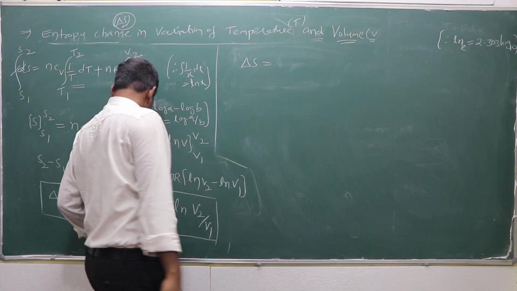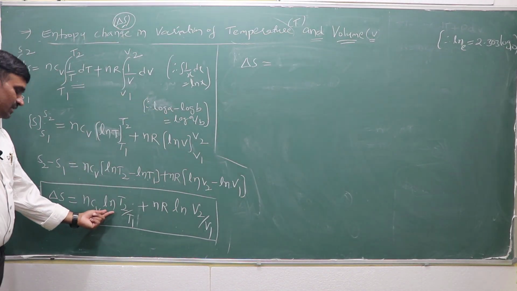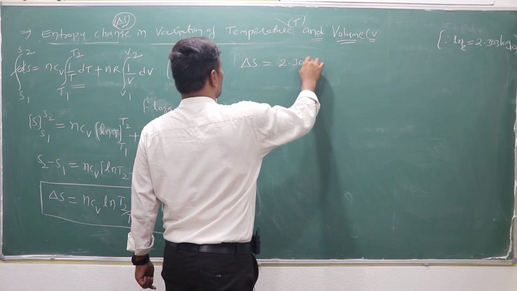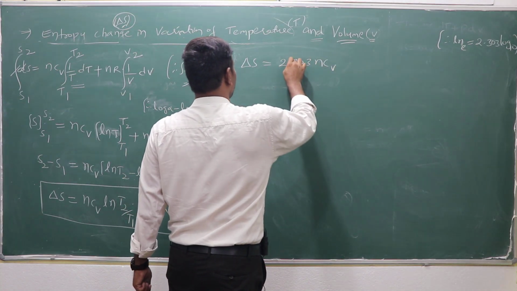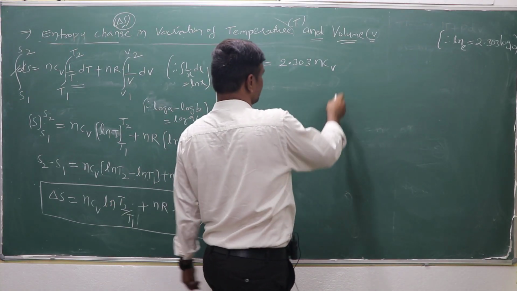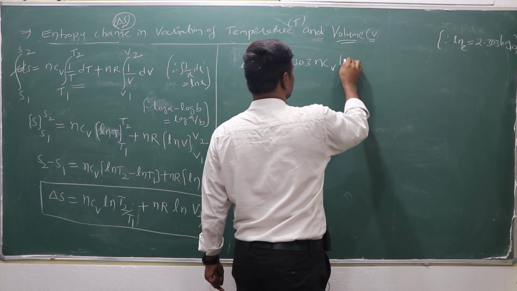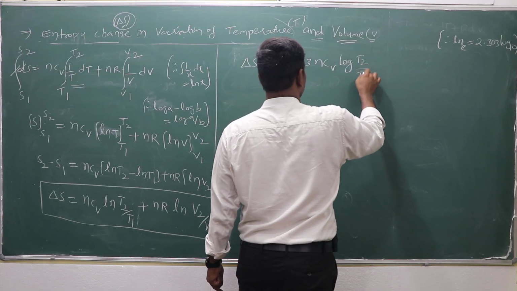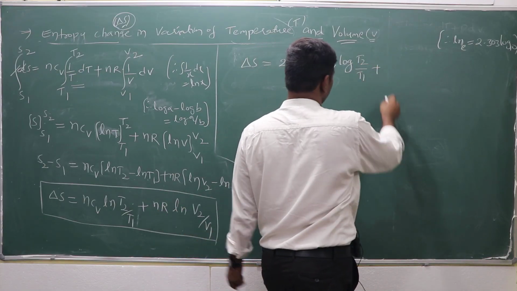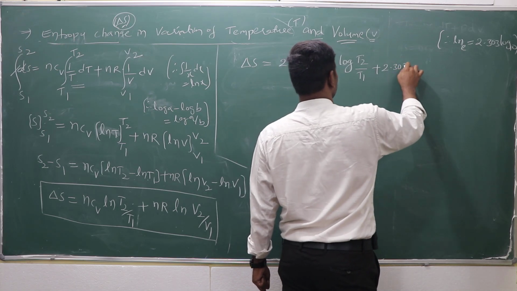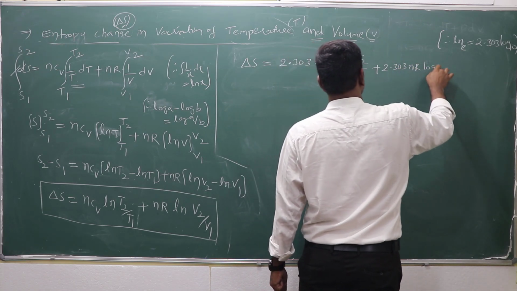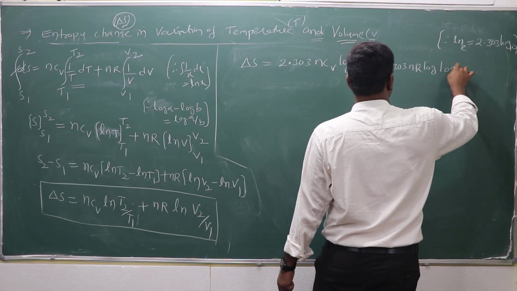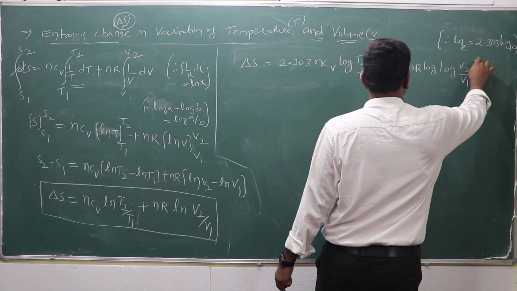So that is going to be 2.303 NCv log T2 by T1 plus 2.303 NR log V2 by V1.